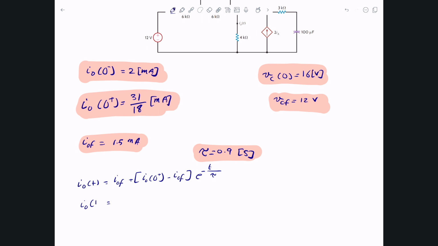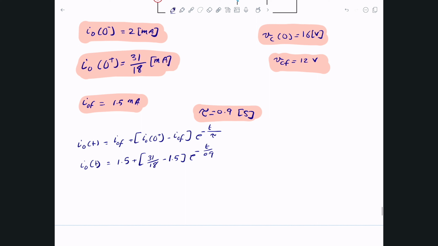I naught of t is simply the final, which is 1.5, plus 31 divided by 18 minus 1.5, times e to the negative t divided by 0.9. And that becomes I naught of t equals 1.5 plus 2 divided by 9 e to the negative t divided by 0.9, in milliamp, for t greater than 0.